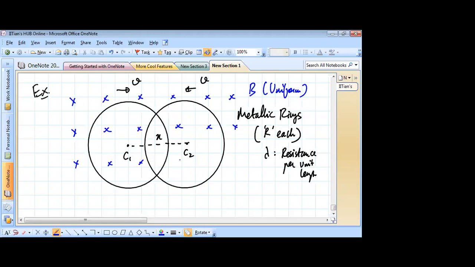So you have to find the current in each of the sections of the wire. Okay.